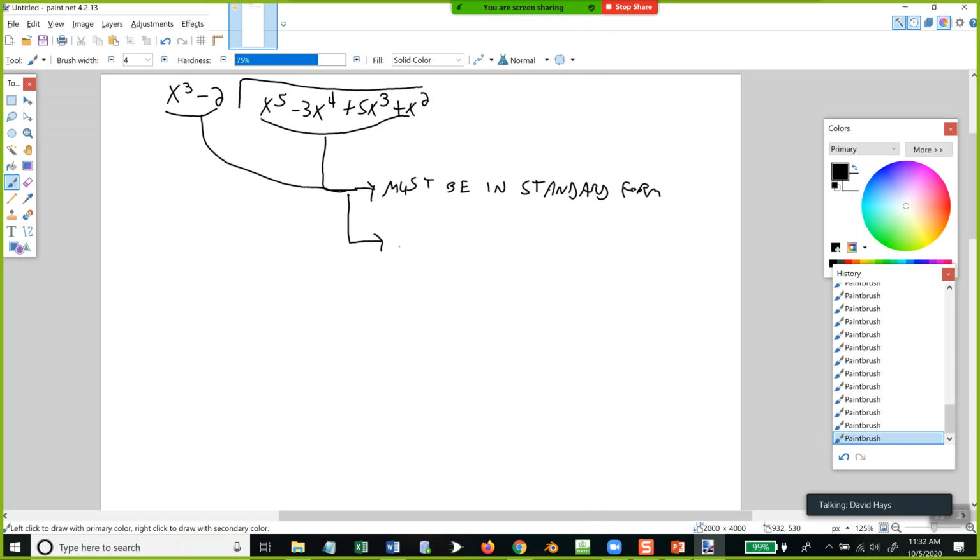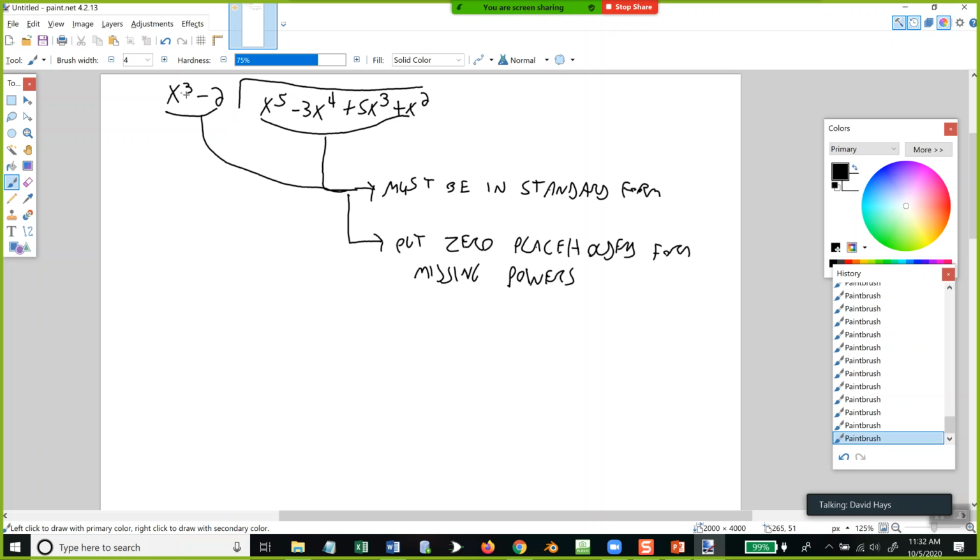And you need to put 0 placeholders for missing powers. Some people teach leaving spaces, and that's fine too.